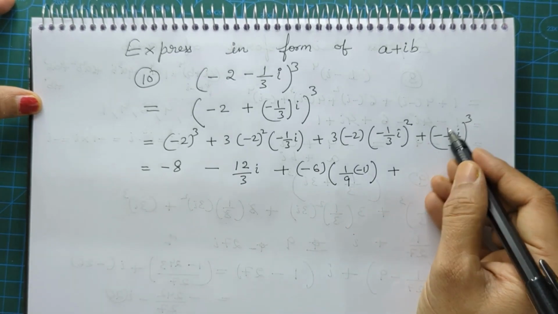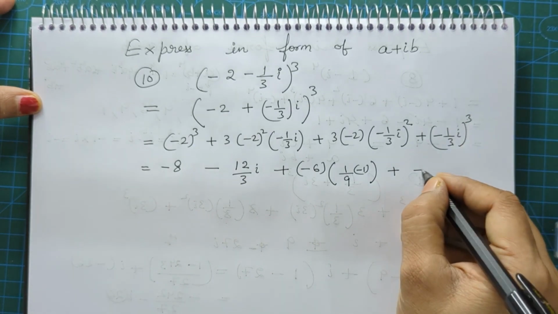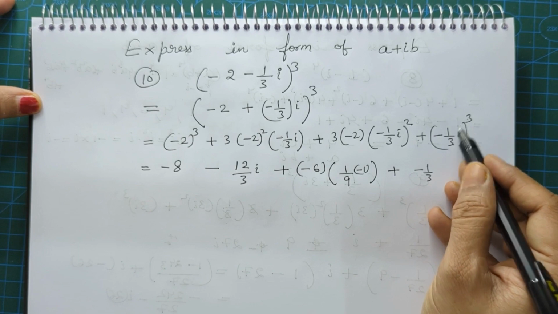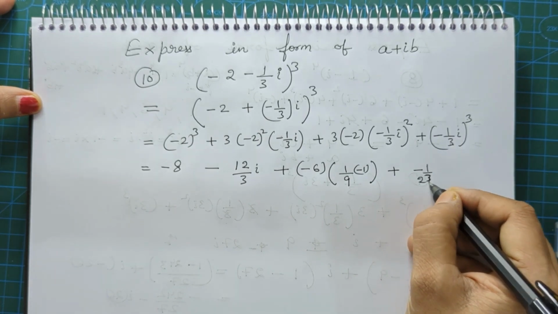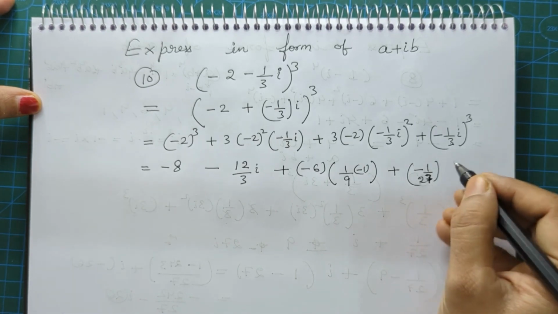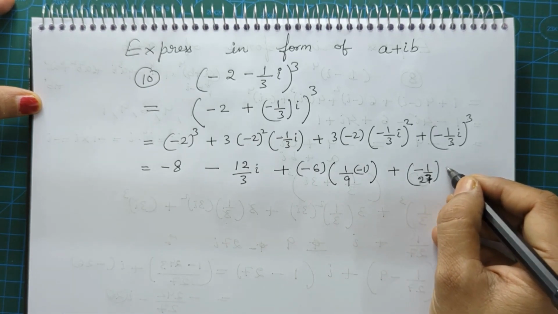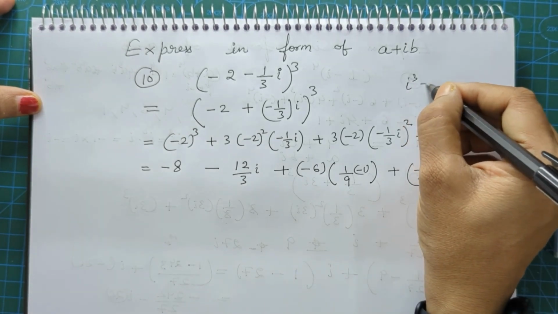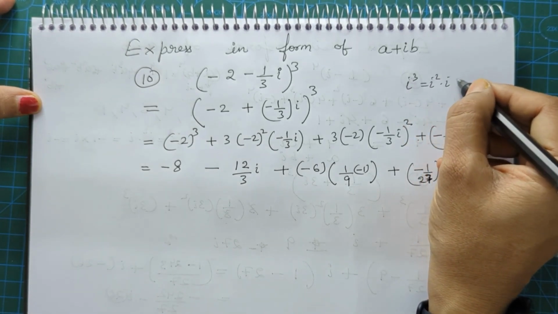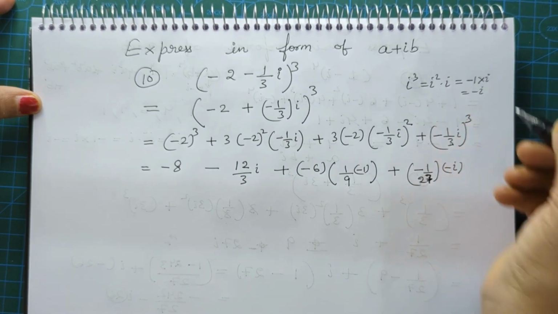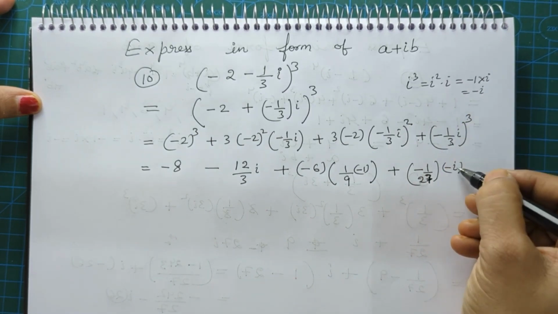Plus negative cube is negative, 1 cube is 1, 3 cube is 27, so negative 1/3 cube is negative 1 by 27. Then I cube: I cube is I square times I, I square is minus 1 times I, so I cube is minus I.